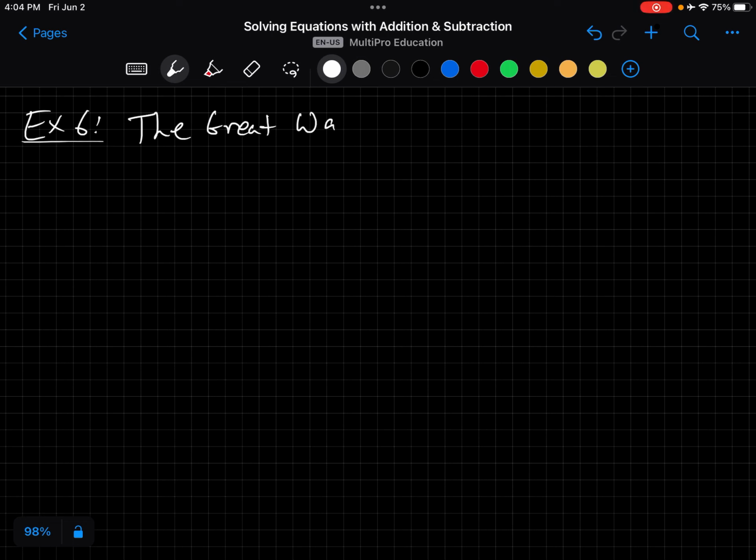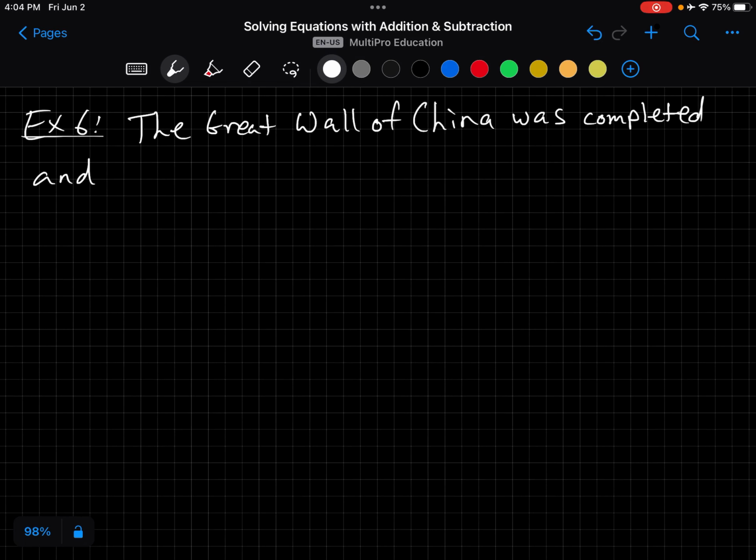The Great Wall of China was completed. Hey, it got done. And was 2,500 miles long. That's a pretty long wall.